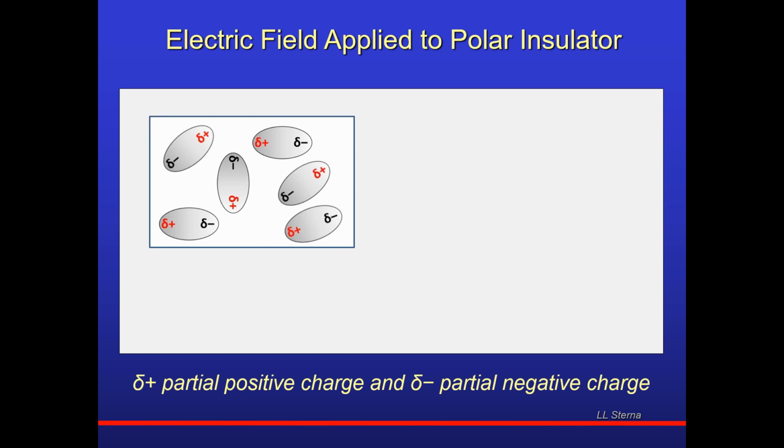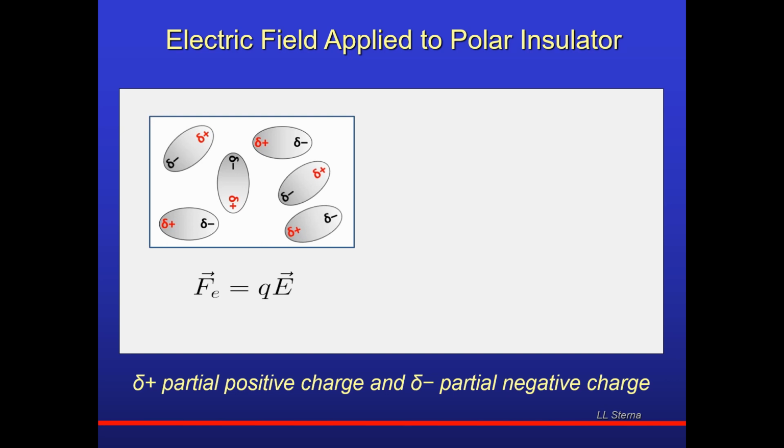What happens when you apply an electric field, or you place this material in an electric field? Well, the force on the positive charges will be in the direction of the electric field, and on the negative will be opposite to the electric field. Previously, I said only the electrons will respond because they're very light compared to the nuclei.